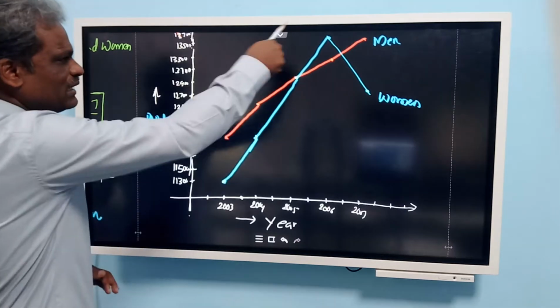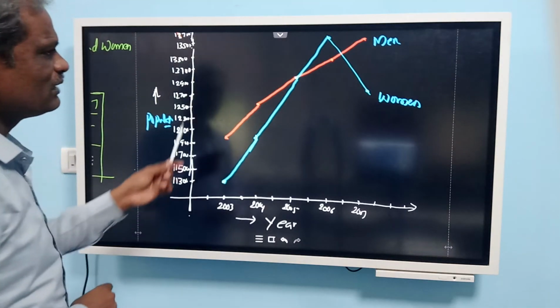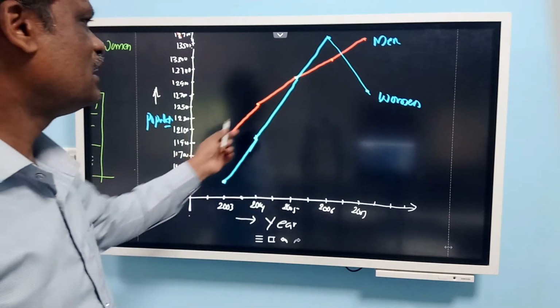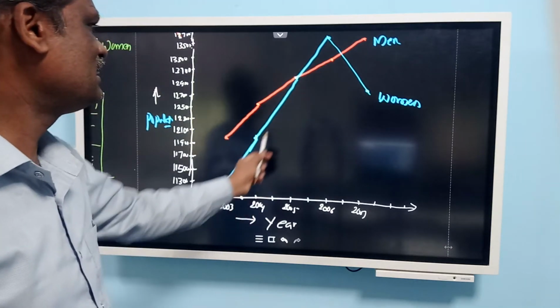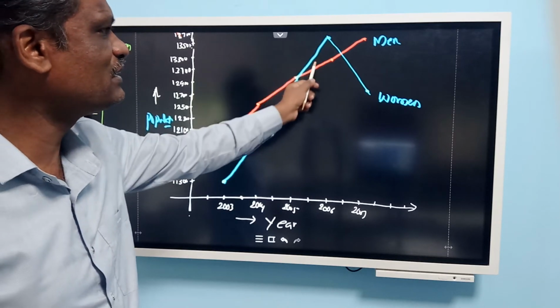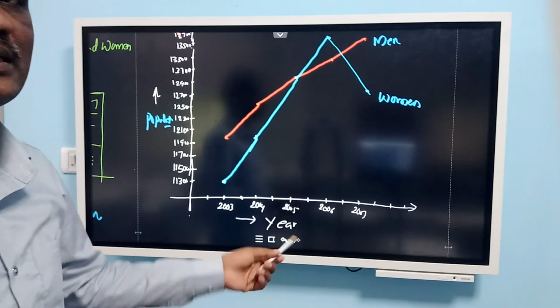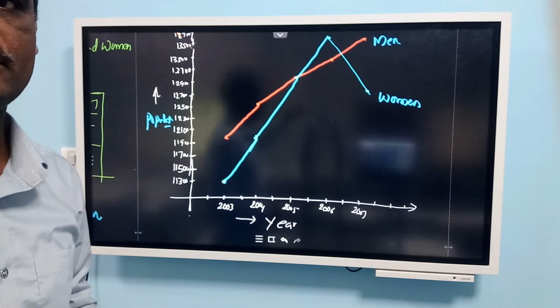One line represents the men, the other represents the women. Red color represents men. It is gradually increasing, but here this is a sudden increase, just crossing the number of men, but again it came down. So you can make this analysis using this graph.